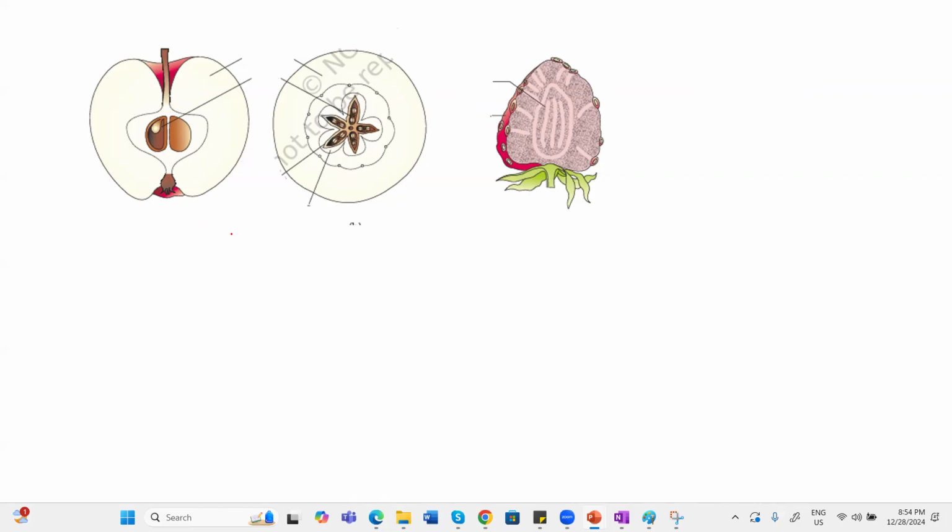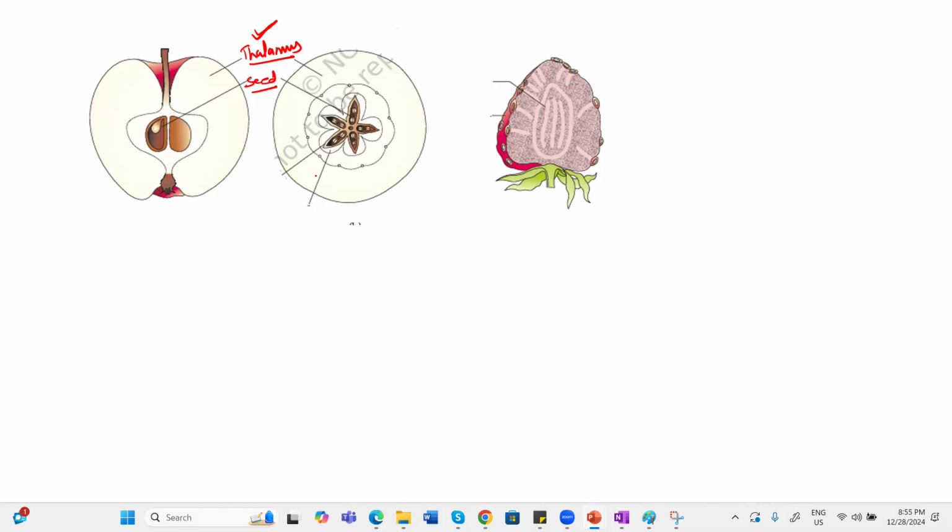Now here, these are the examples of false fruit. So you can see seed is present. It means fertilization is done, but the edible part is not a part of the ovary, that is thalamus. Thalamus is an edible part. Is it clear? You know very well, pericarp can be differentiated into three layers: epicarp, mesocarp, and endocarp.